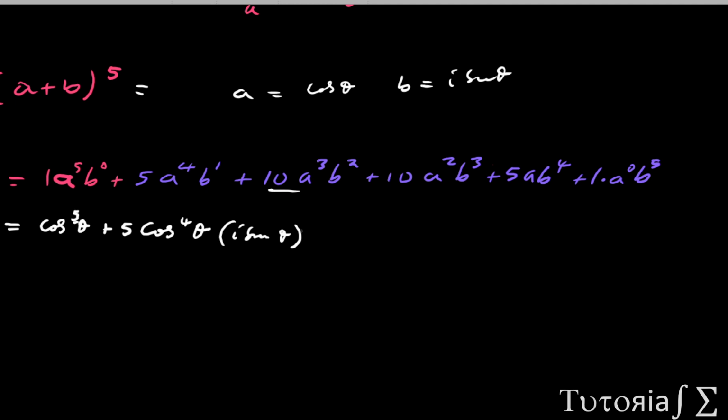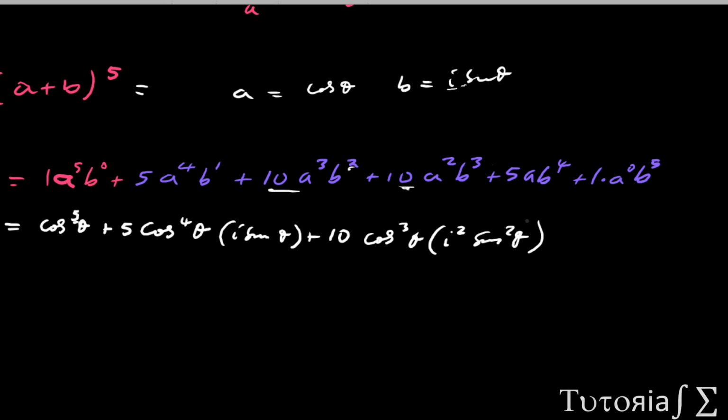Then we are here plus 10, a to the power 3, that will be cos third theta, then b to the power 2, that is I to the power 2, because the power is distributing inside here, so that will be I to the power 2 and sine squared theta.